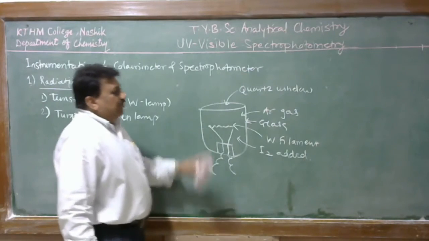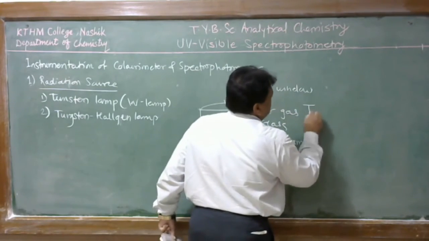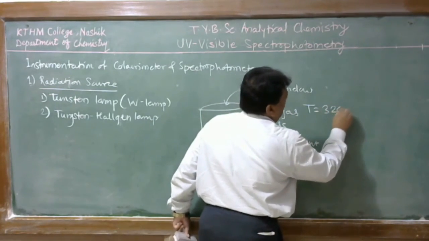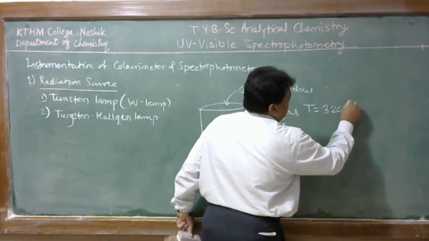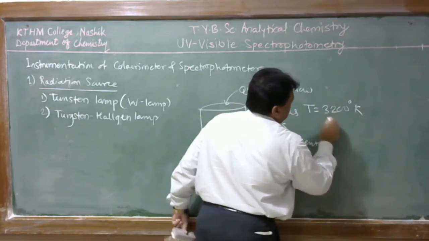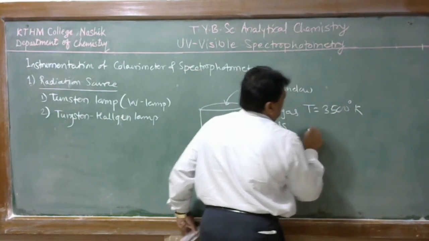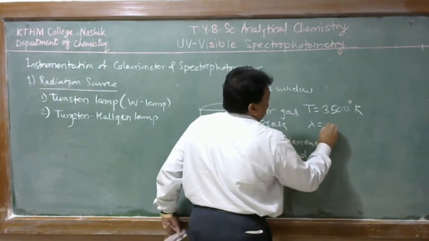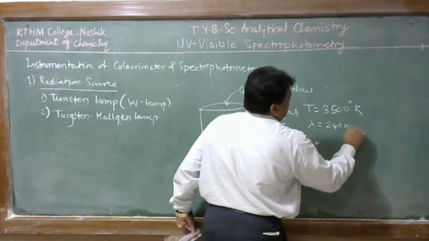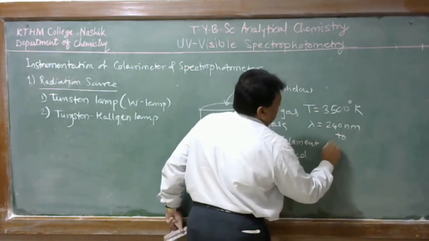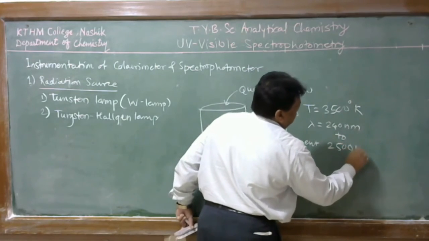This lamp operates at temperature T equal to 3200 to 3500 Kelvin, and it gives wavelengths from 240 nanometer to sometimes 2500 nanometer.